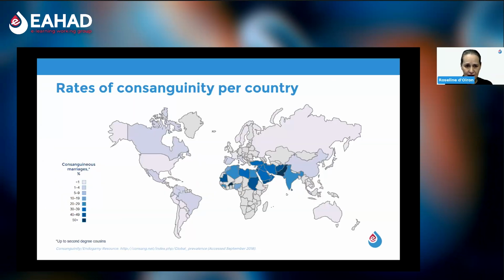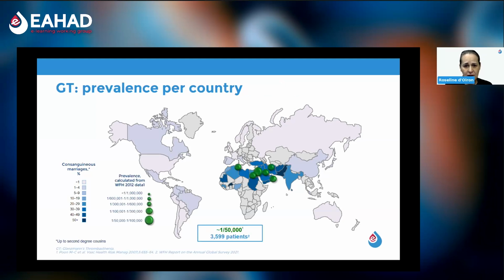In this map, you have the different rates of consanguinity per country. The darkest one shows the highest percentage of consanguineous marriages. And without any surprise related to the autosomal recessive transmission of Glanzmann Thrombasthenia, it is in these countries that you will have the highest prevalence of patients with Glanzmann Thrombasthenia.